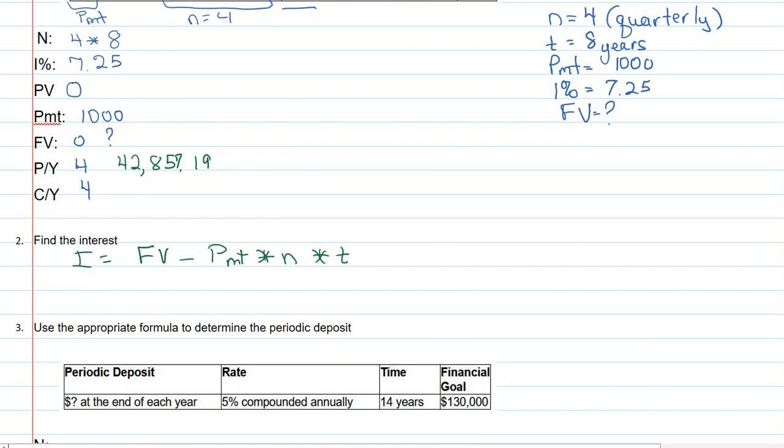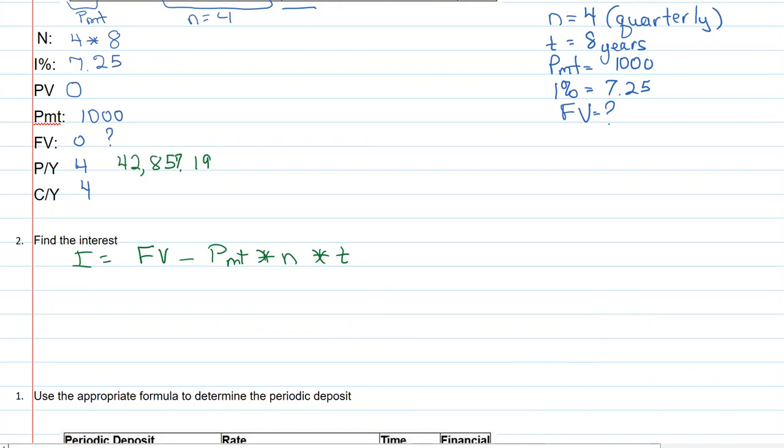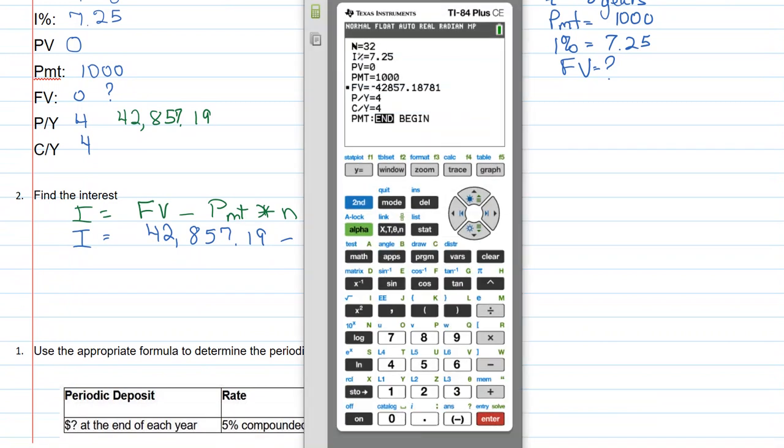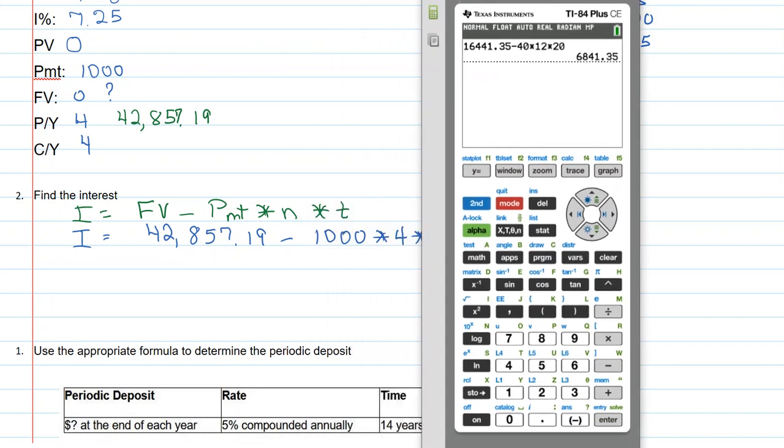So let's see what I equals, and we have the $42,857.19 minus the 1,000 times 4 times 8. Here we go. This is done on the home screen. So we enter Second Quit to get to the home screen. And we're going to do our math right there.